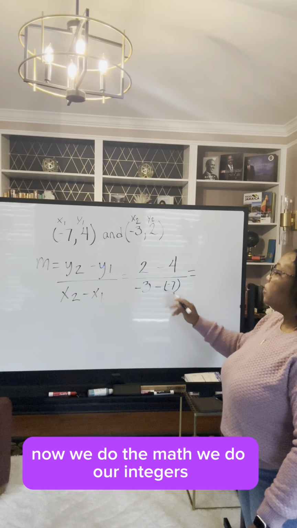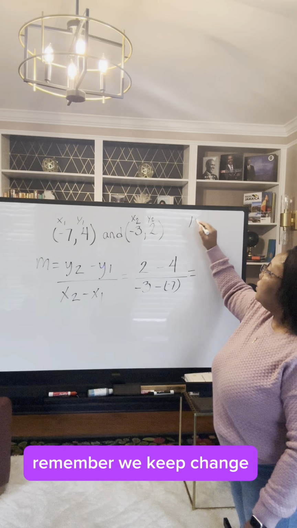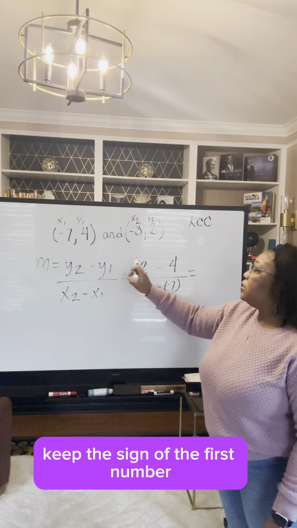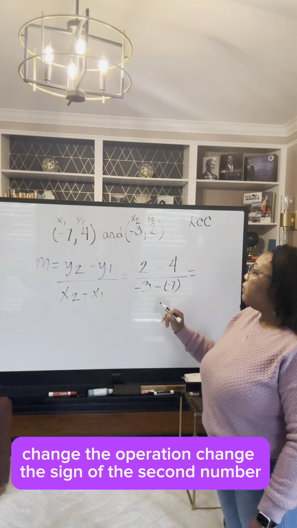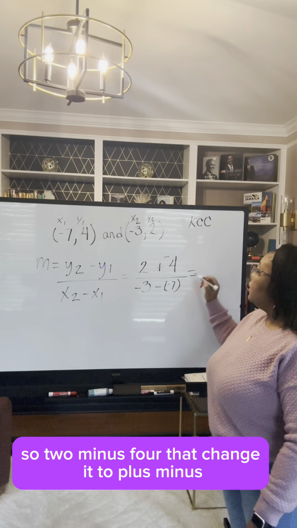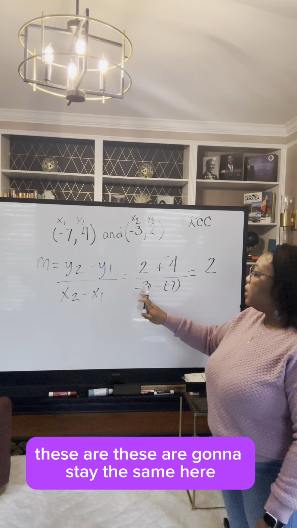We do our integers. 2 minus 4. Remember, we keep change when it comes to subtraction. Keep the sign of the first number, change the operation, change the sign of the second number. So 2 minus 4, that changes to plus, minus, so that's negative 2. Right here, these are going to stay the same.